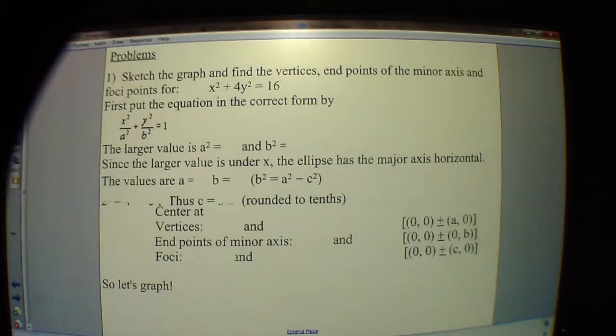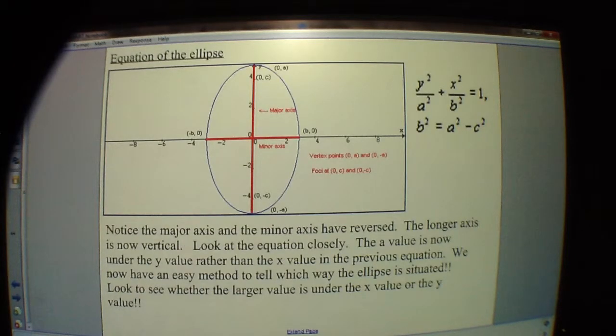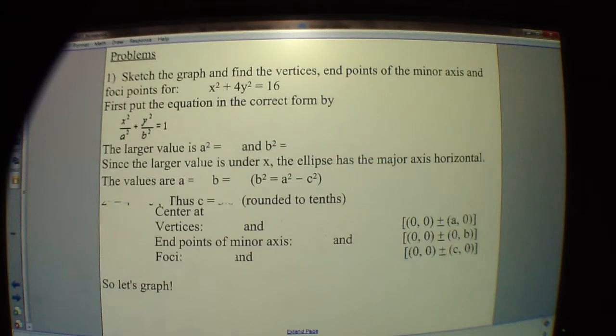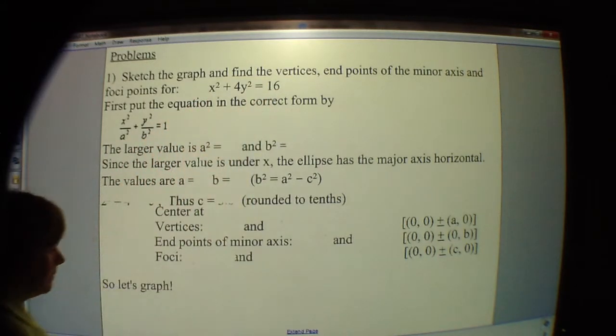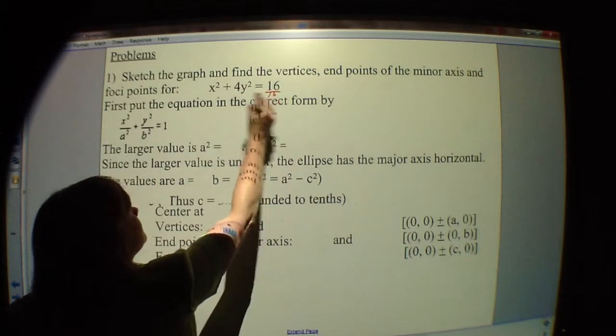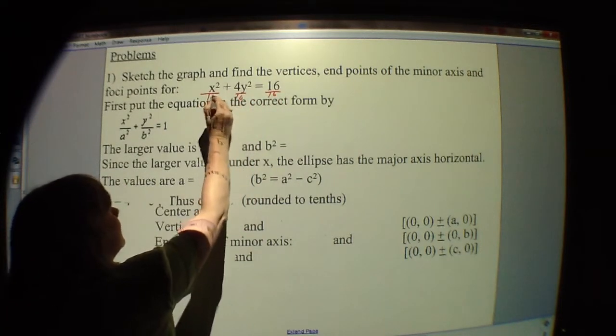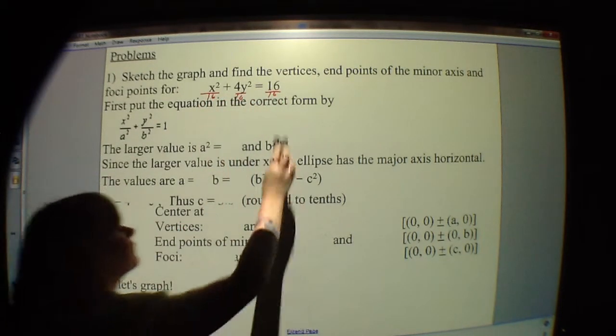So let's sketch a graph and find the vertices, endpoints of the minor axis and the foci points for x squared plus 4y squared is equal to 16. Let's look quickly at the equation. It has to equal 1. So let's get this equation equal to 1. If I divide everything by 16, I will have the correct form.